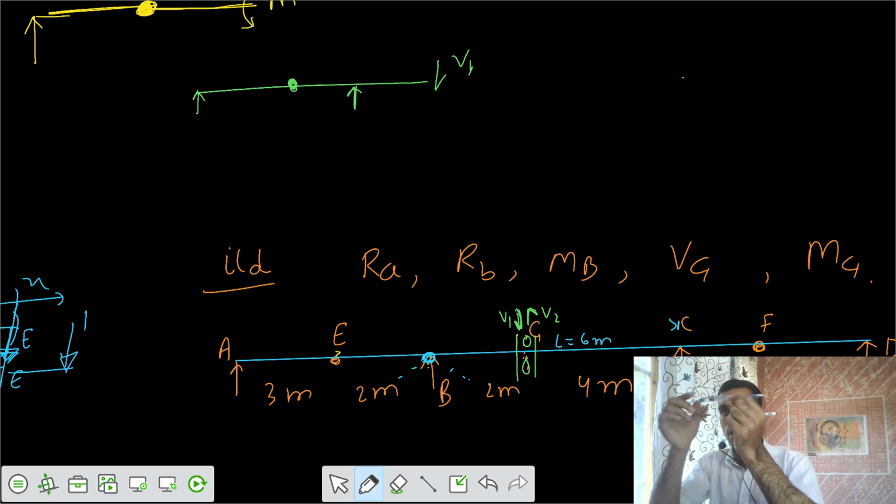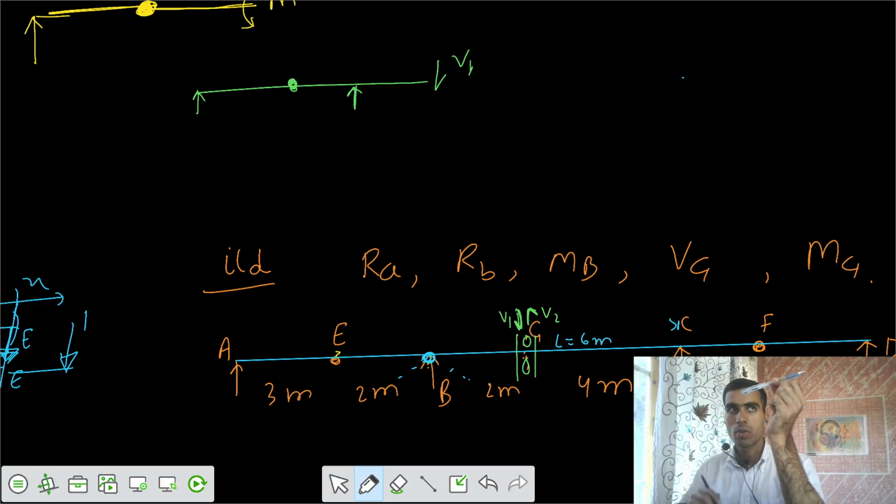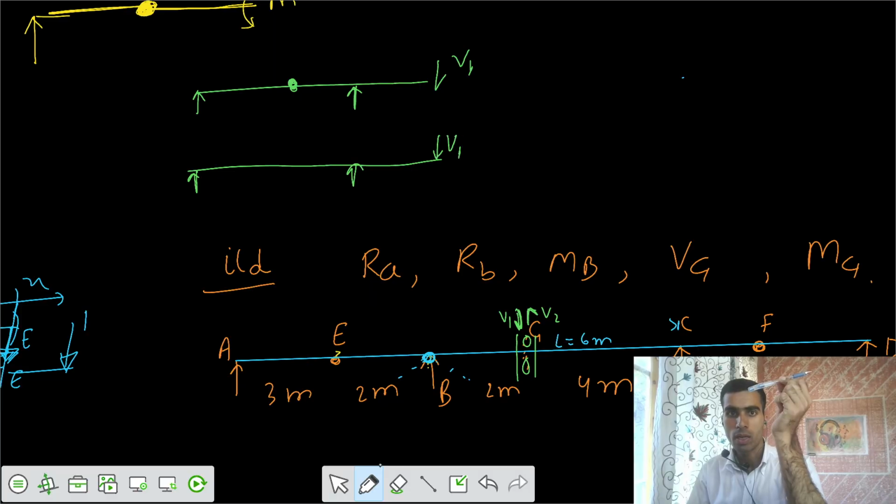If I apply that shear of V downwards, it's trying to rotate it in this way. Had there not been any internal hinge, if this was a statically determinate beam, and you apply a load of V1, it would definitely have a curvature developed.